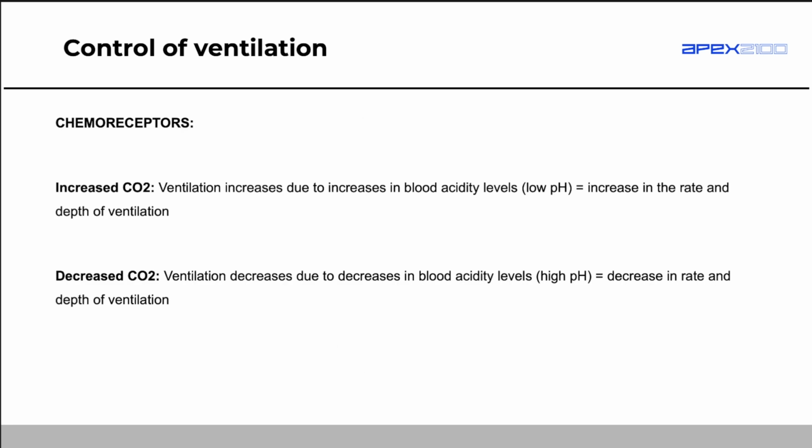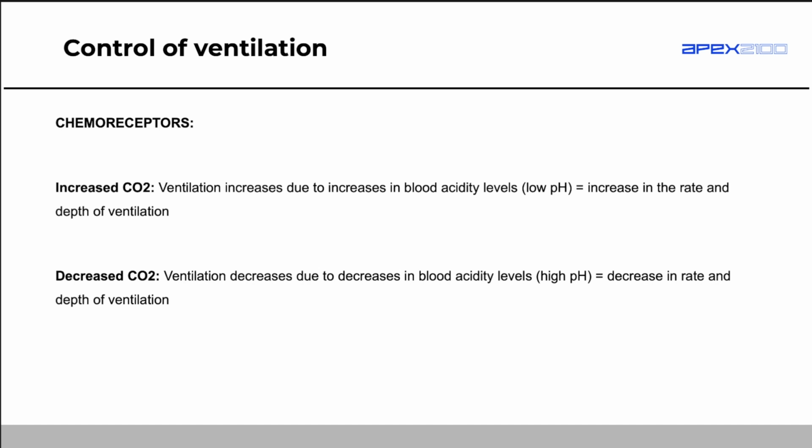So firstly, the chemoreceptors, they're picking up on the carbon dioxide in the blood. When I have increased carbon dioxide in the blood, when the blood acidity levels rise, and remember this equals a low pH, so when I have high blood acidity because of all of the carbon dioxide in my blood, my brain is going to increase the rate and depth of ventilation to help expel that carbon dioxide and get that oxygen in.